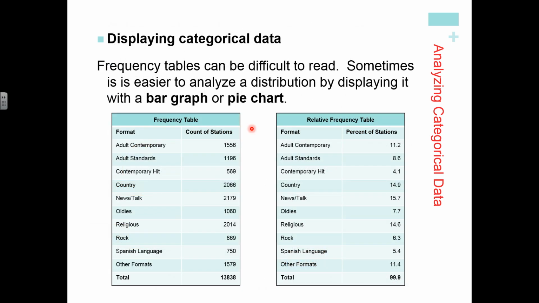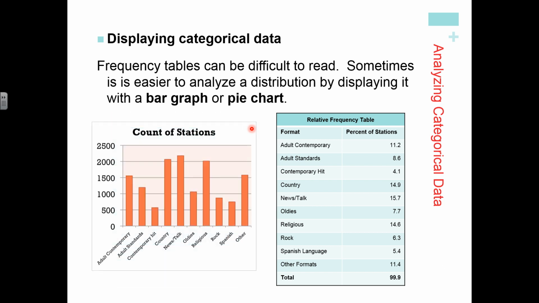All right, so again, it's all good to look at these tables, but it's sometimes kind of hard to read. The numbers don't just tell you automatically what you're seeing or what it's supposed to show you. So a lot of times, instead of looking at the tables, we create graphs to help us better understand or display the data.